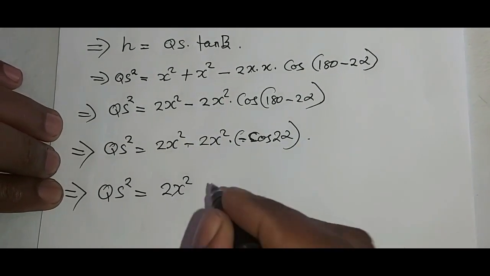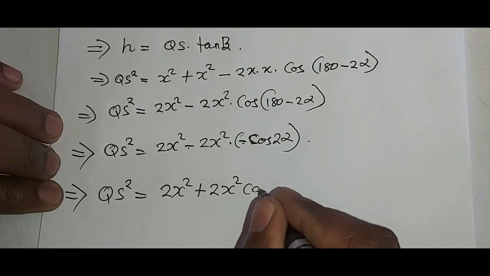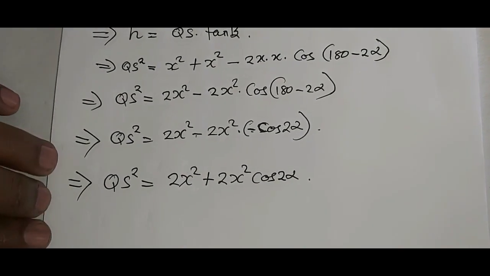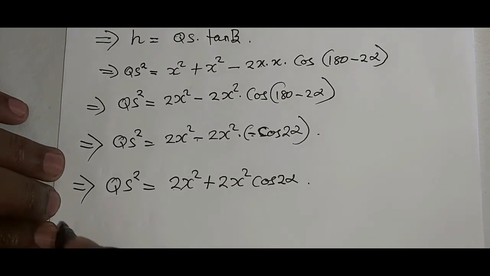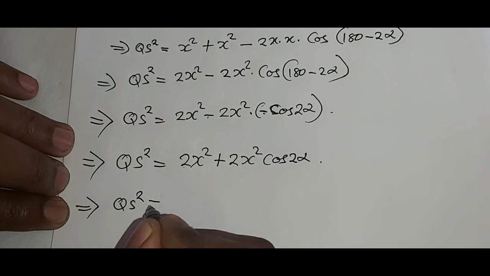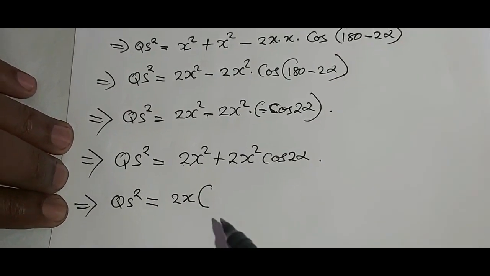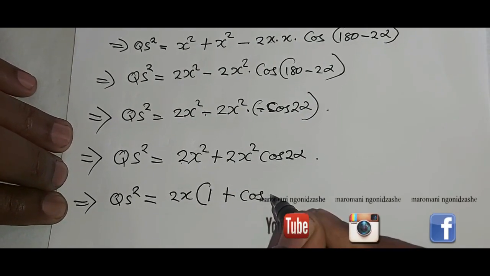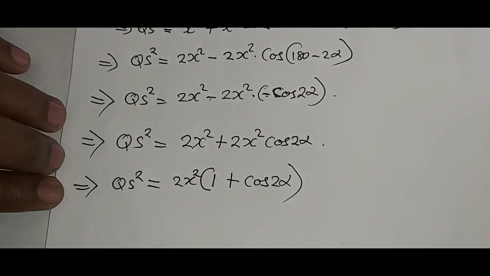Minus times a minus becomes a plus 2X squared cos of 2 alpha. From there, 2X squared becomes a common factor, which implies that QS squared is equal to 2X squared open bracket 1 plus cos 2 alpha close bracket.